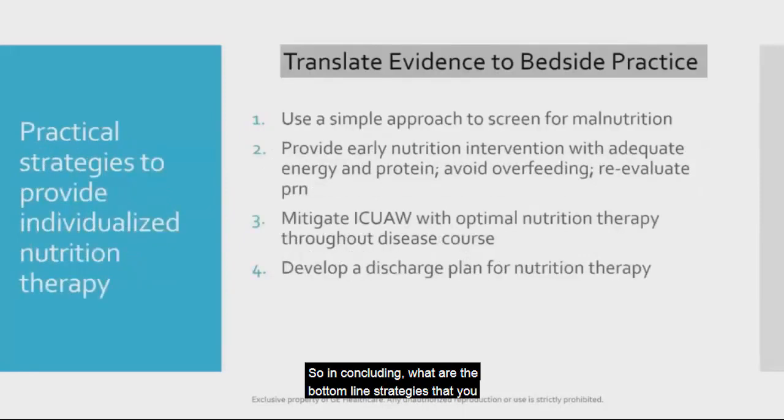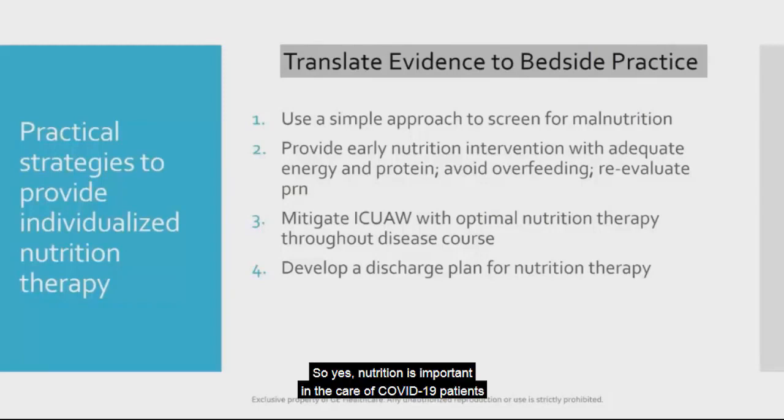So, in concluding, what are the bottom line strategies that you can take away today from really improving and individualizing nutrition therapy for COVID-19 patients? We want to translate these recommendations into what you can do for best practice at the bedside.